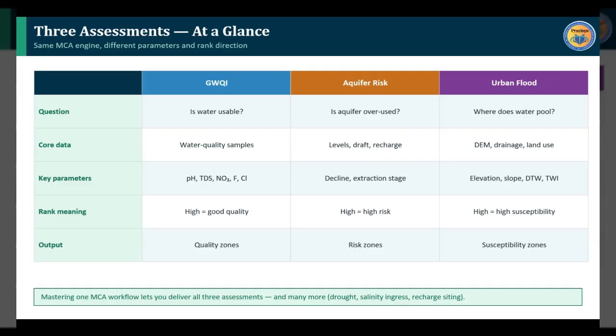So these three different assessments have different parameter sets as well. Three different meanings of a rank of five: best quality, highest risk, or highest susceptibility. All of them get a rank of five. Then there are three different data types, and three different validation strategies also.